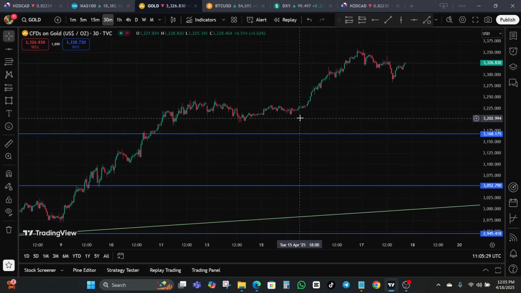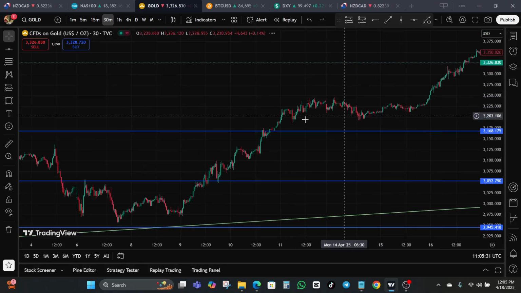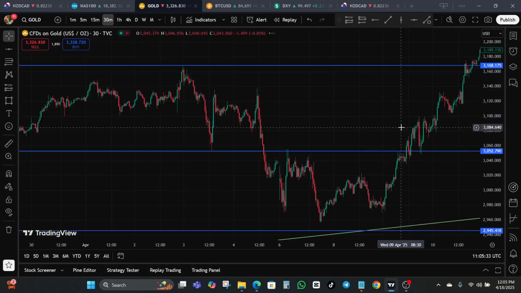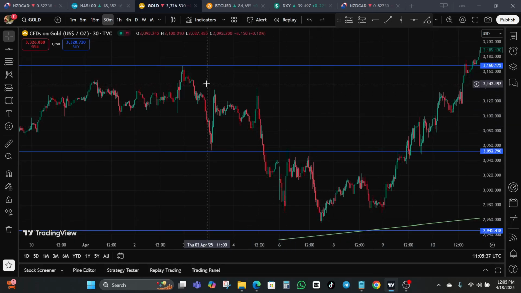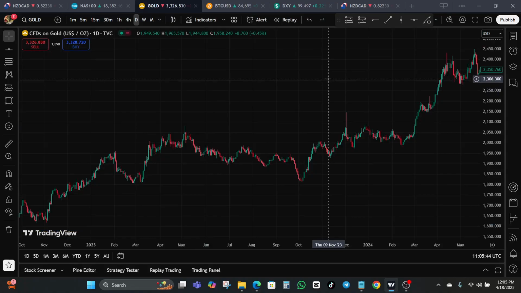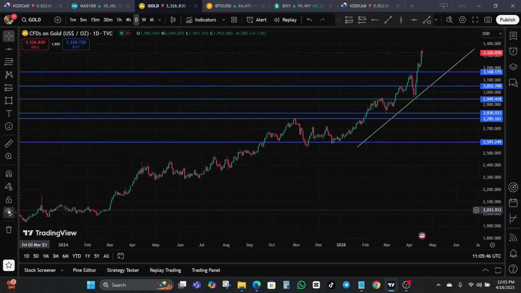Basically, when you have already identified the prevailing trend and you have marked your levels, if it is a bearish trend, although currently we are in a bullish trend, you should be looking for only sell opportunities.